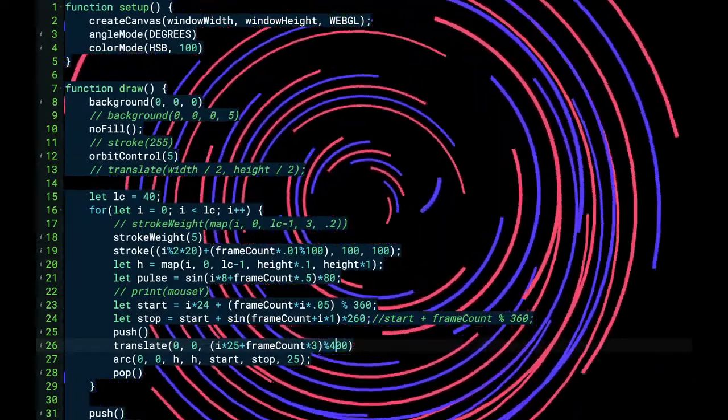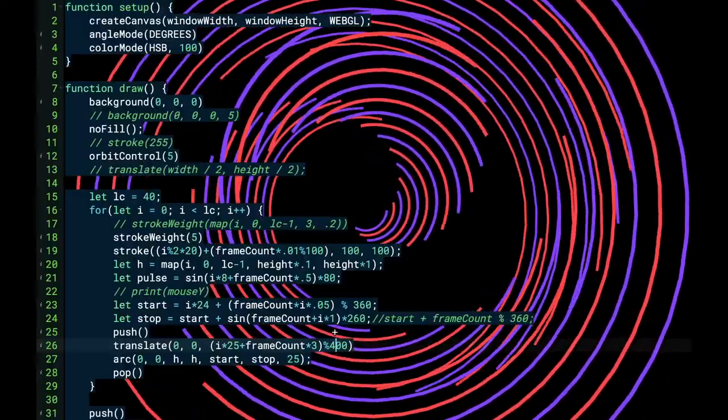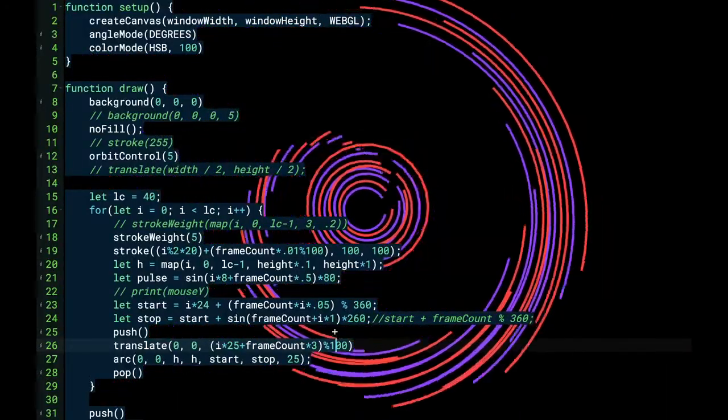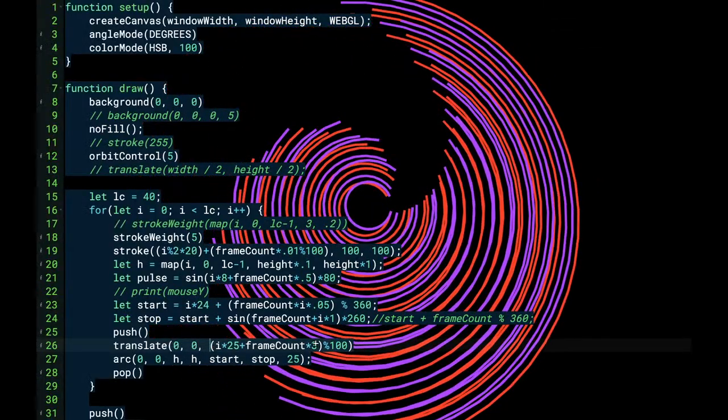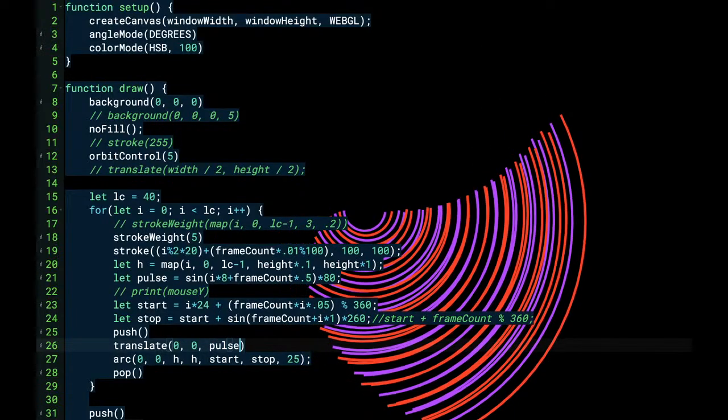What else do we want to play with these things? Could be interesting as well, having multiple arcs on the same space. I'm not such a fan of this like chop, chop, chop that the translate is doing. Let's go back to pulse.